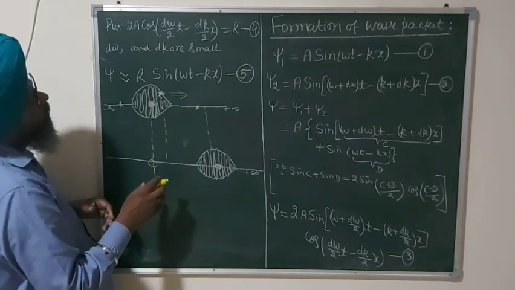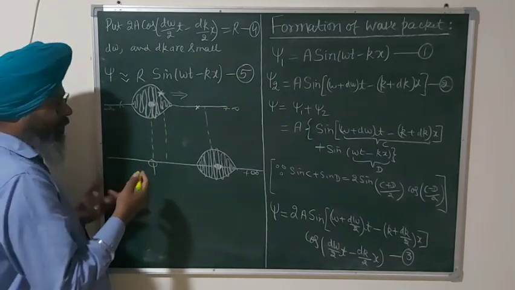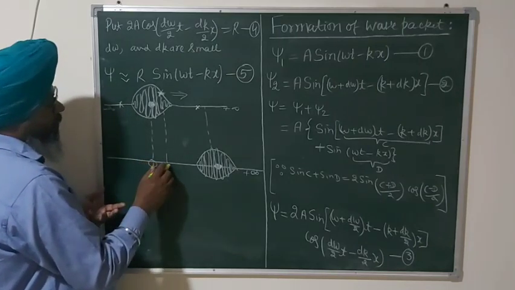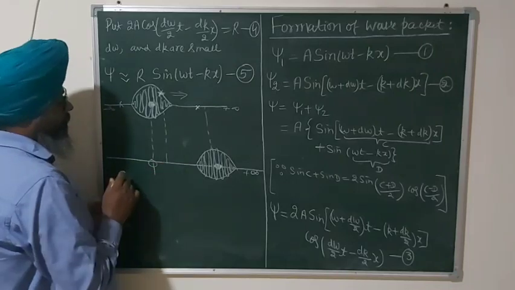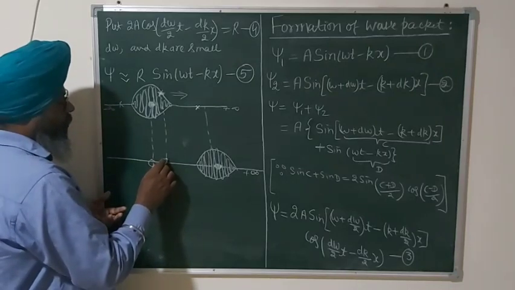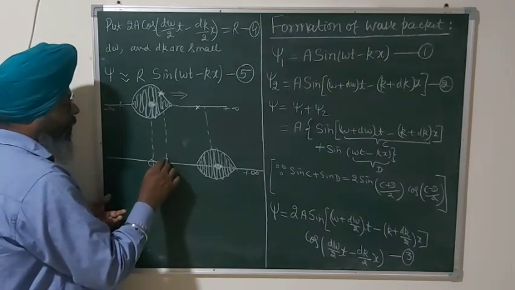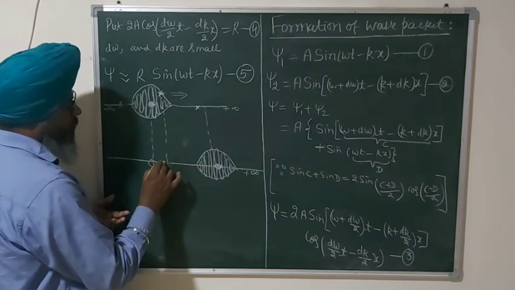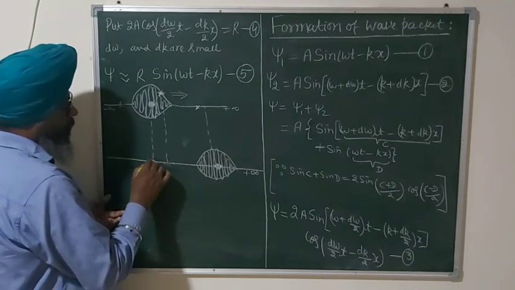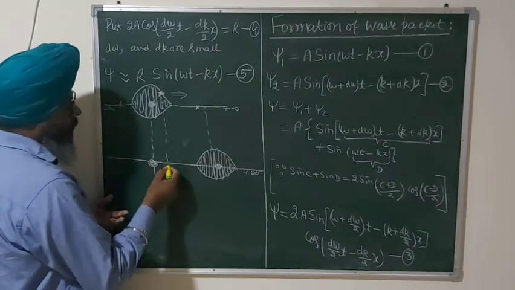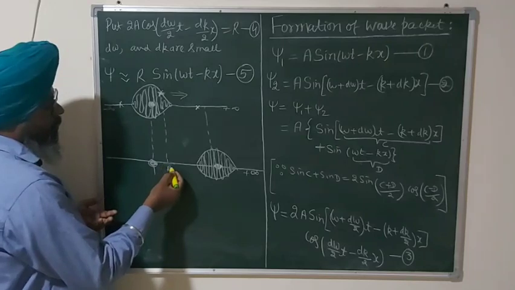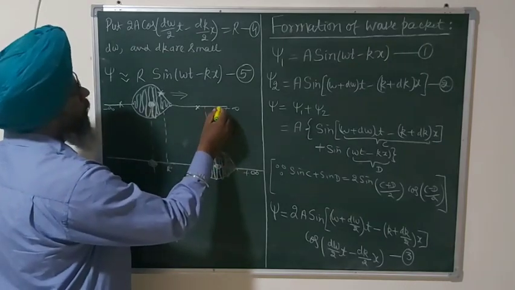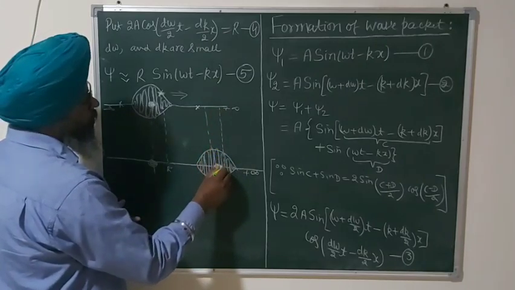I have chosen some point of some value of the amplitude. Let us say the value of amplitude when the particle was here is here. So the same identical point, let us draw a different symbol, let us say this point is R dash. The same point R dash of identical amplitude reaches here.